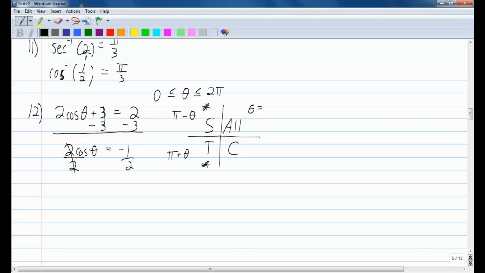Alright, so the cosine of pi over 3 is a positive 1/2. That would be the reference angle from the first quadrant. To get the answer in the second quadrant, I'll say pi minus pi over 2. So that's 1 pi minus 1/2 pi is 1/2 pi.